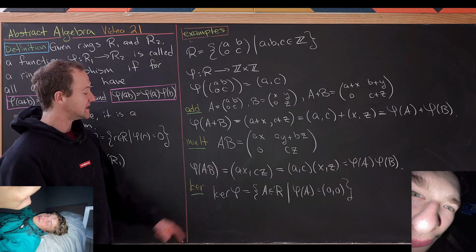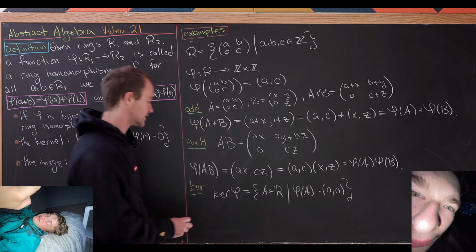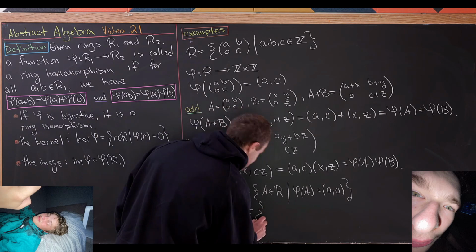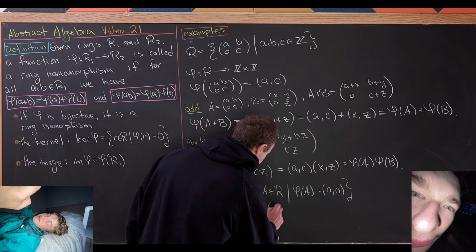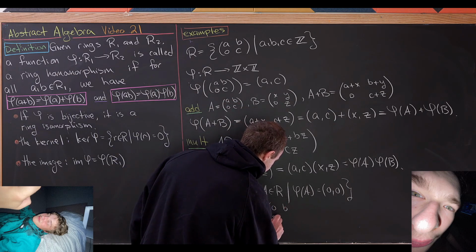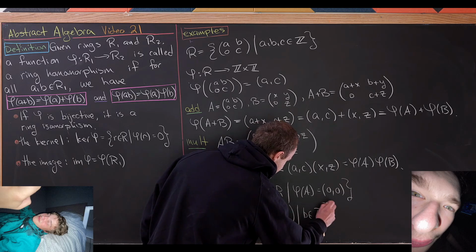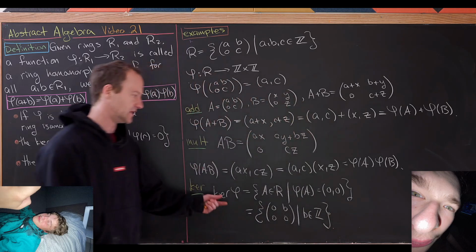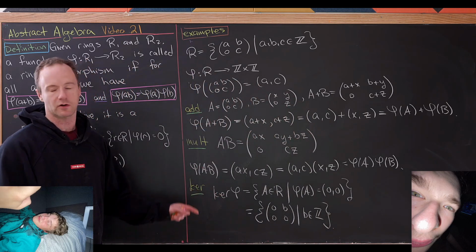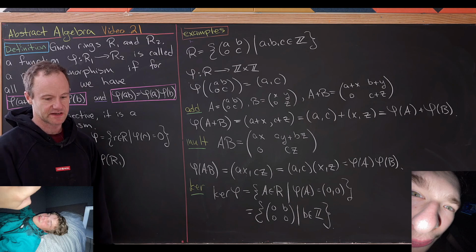But it's pretty easy to write down which ones those are. Those are all matrices of the following form: 0, B, 0, 0, where B runs through all integers. Great, so that would be our kernel in this case.